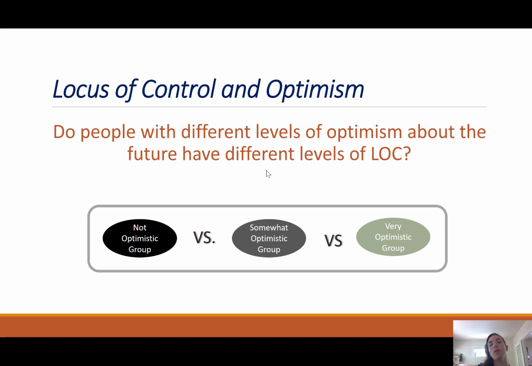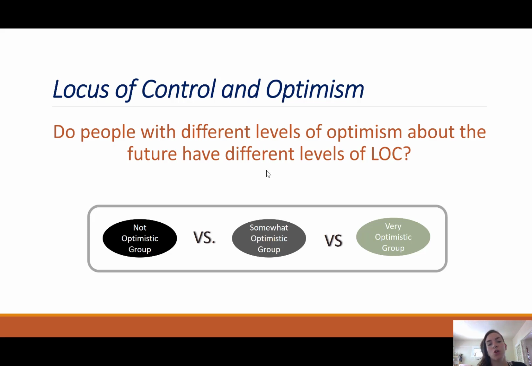So we'll be working with an example where we have three different groups of individuals: a group who's not optimistic about the future based on their own self-report, a group who is moderately optimistic or somewhat optimistic about the future, and a third group who reports to be very optimistic about the future.